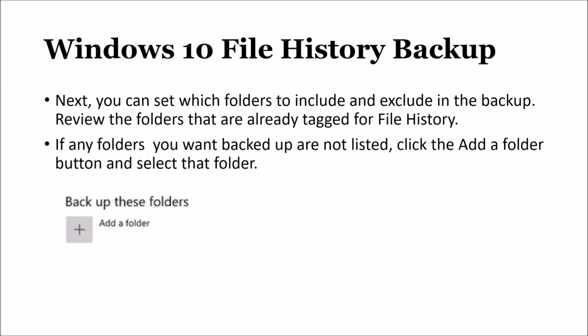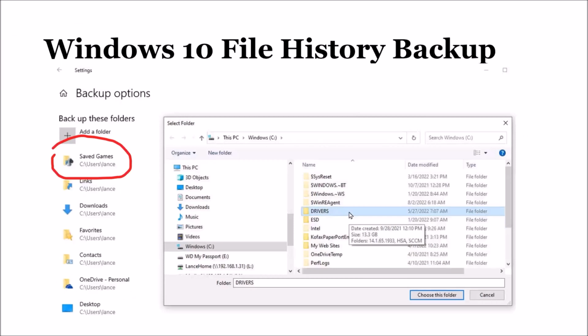Next, you can set which folders to include or exclude in the backup. You want to review the folders that are already tagged for File History. If any folders you want backed up are not listed, click the Add a Folder button and select that folder. As in this case, Saved Games.